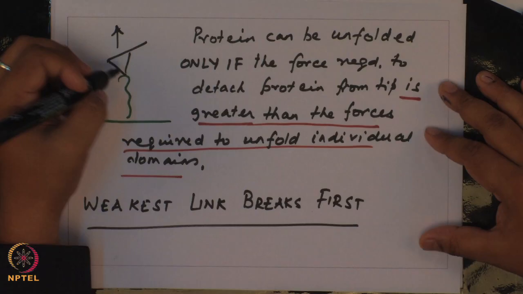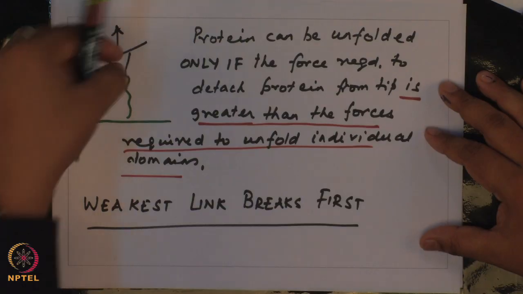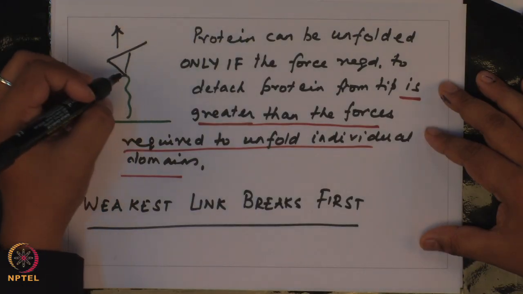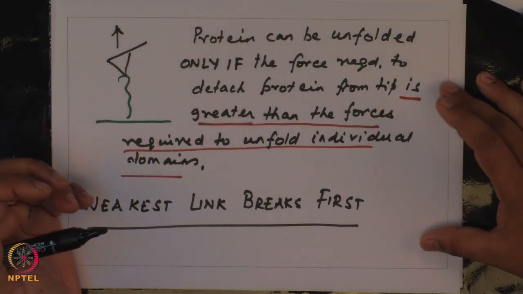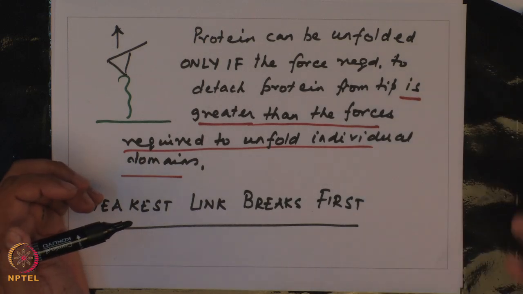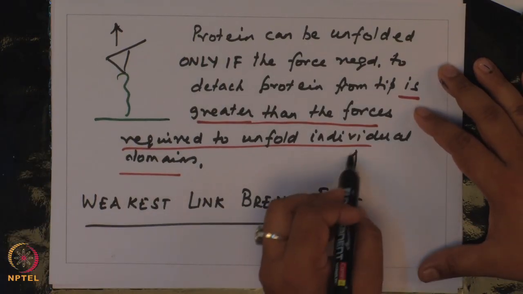If the force required to unfold a domain is much greater than the force of adhesion between the tip and the protein, then the tip will just detach from the protein. You will not see any signal, only two detachment peaks.